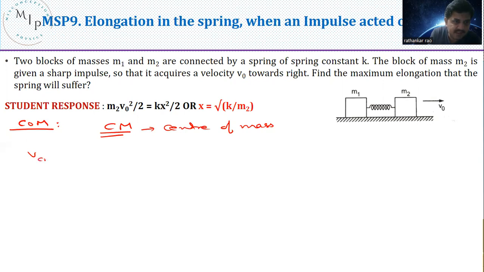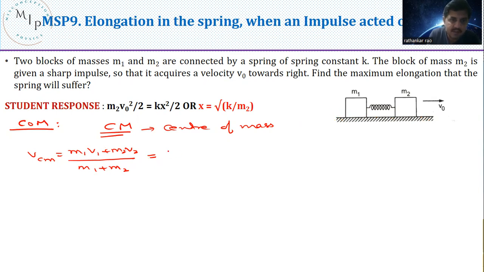So center of mass velocity is given by the formula m1 v1 plus m2 v2 divided by m1 plus m2. Here v1 is the velocity of m1, and v2 is the velocity of m2. Now, initially at t equal to 0, we see that m1 did not have any velocity.